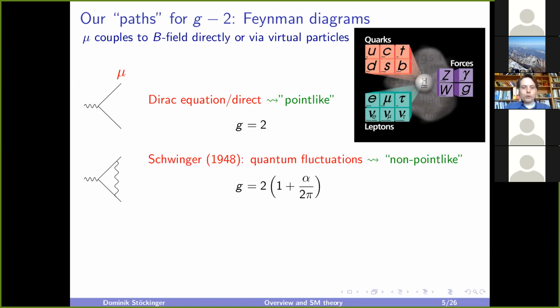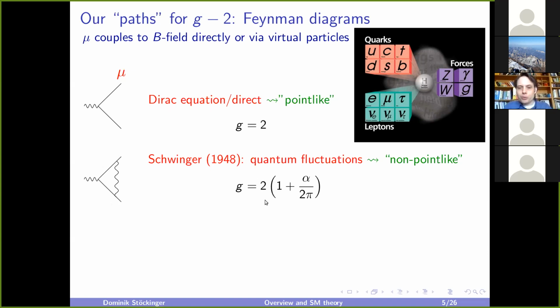Then there are loop corrections. The Schwinger diagram is the simplest diagram. It's also already very long time well known. And this is what we would call a quantum fluctuation, where the muon exchanges first a photon, then reabsorbs it later, and in the meantime interacts with a magnetic field.